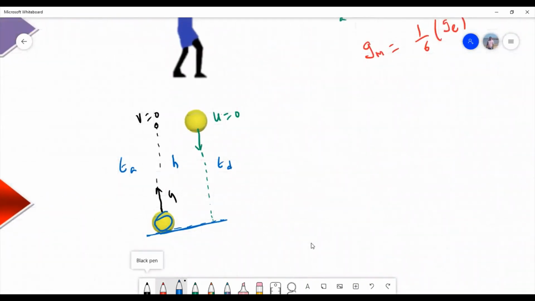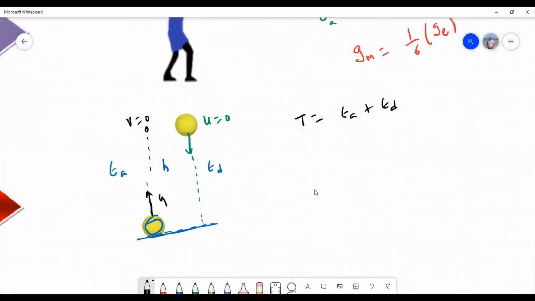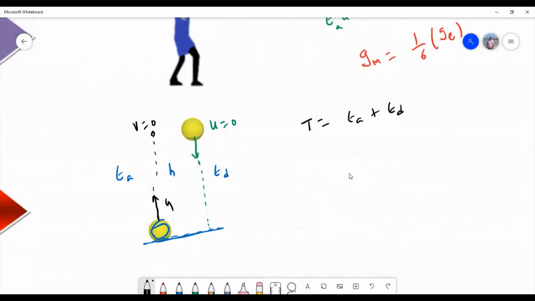So time of flight simply means T is equal to time of ascent plus time of descent. We'll get the expression once I explain maximum height. For now, just remember time of flight is simply time of ascent plus time of descent.